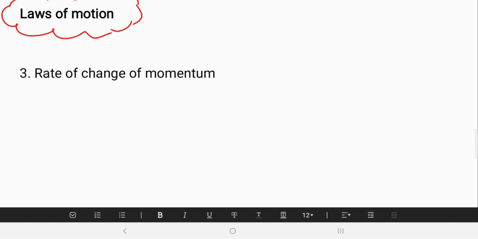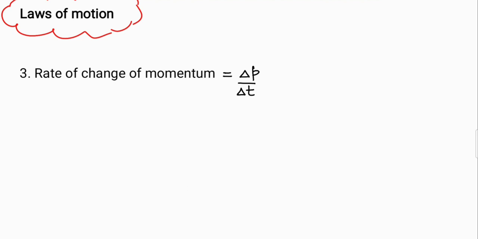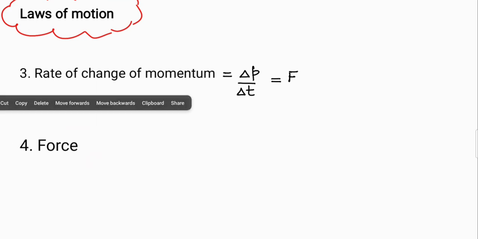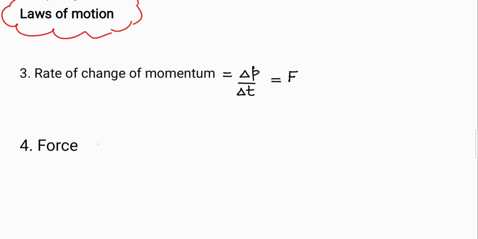Next formula is of rate of change of momentum, which is equal to delta p upon delta t. Delta p means change in momentum and delta t means small change in time. As per Newton's second law, rate of change of momentum is equal to force applied. And we know that force is also equal to mass into acceleration, hence F is equal to ma.